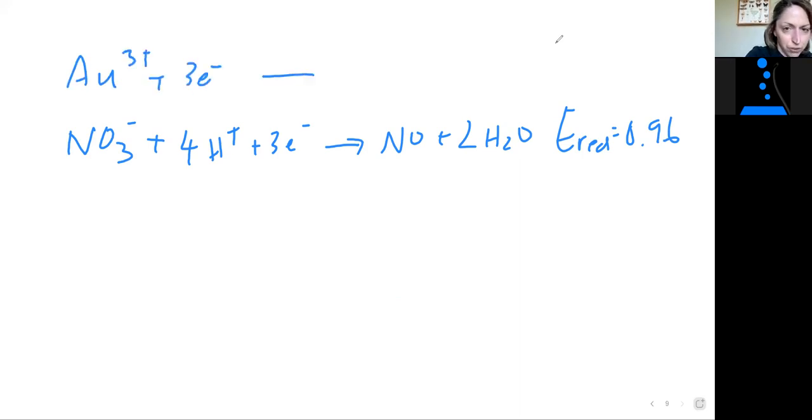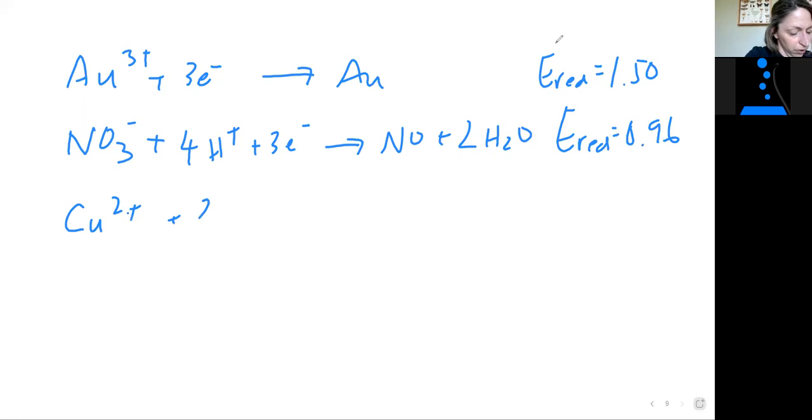Unfortunately, this takes just a minute, picking out some that I like. Let's find another one. Oh yeah, that's a good one. Copper 2+. Can't do anything without copper 2+.